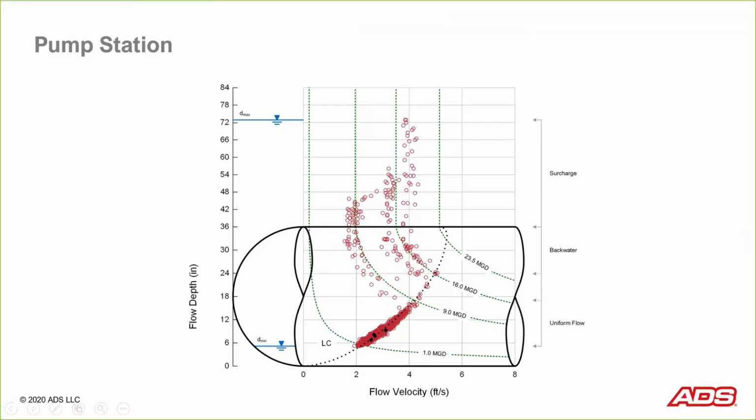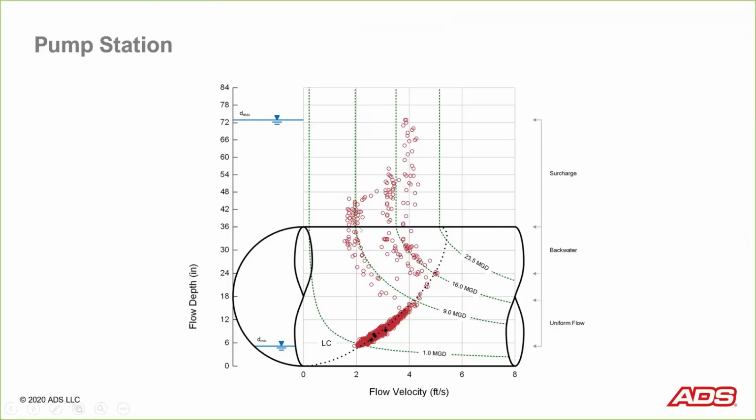But you'll notice visually, in effect, I almost have two ISOQ patterns here when this one pump comes on at about 9 million gallons per day. And what's happening here is one is one lead pump and one is the other. And that tells me that in this case, the two lead pumps were not pumping the same capacity. And this is something we noted to the municipality, and they were able to go check that out.